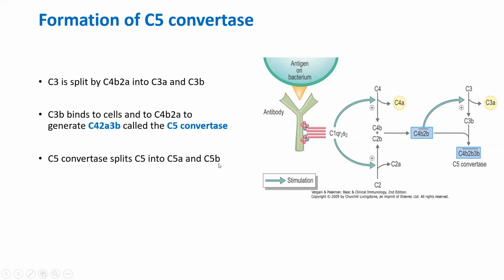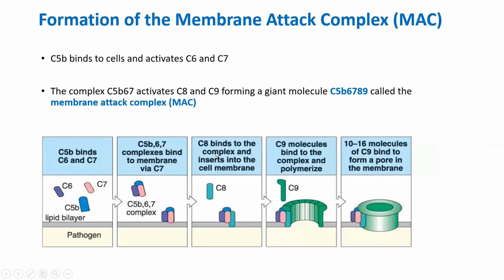As you can guess, C5b is the molecule that we'll continue with. C5b binds to the cell to activate the remainder of the proteins. So it activates C6 and C7. Remember, we had C5b, and then 6, 7.